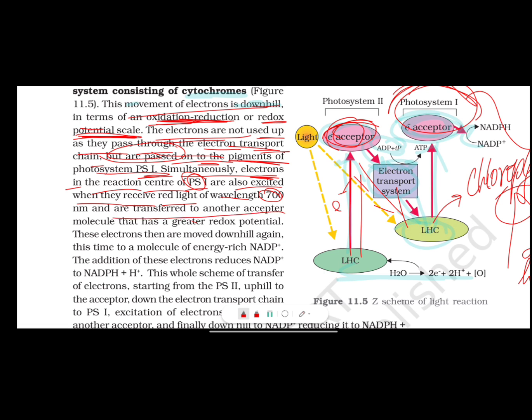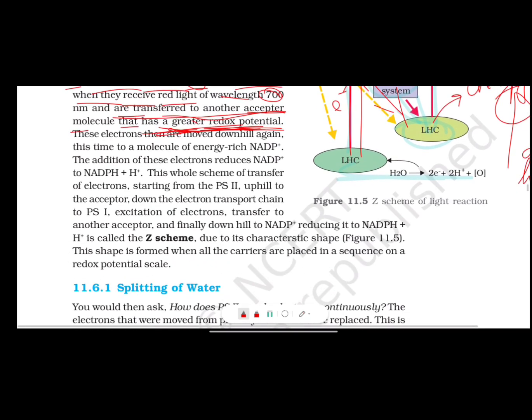That chlorophyll A will receive the light of 700 nanometer and the electrons are transferred to another acceptor molecule that has greater redox potential. The thing which has greater redox potential can accept electrons. You have to keep this in your mind.